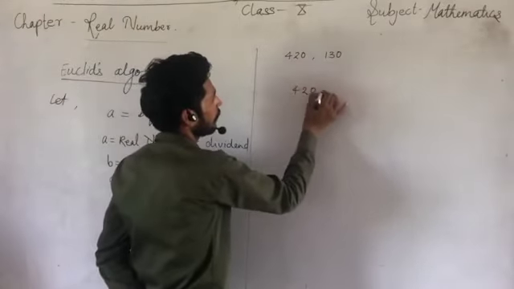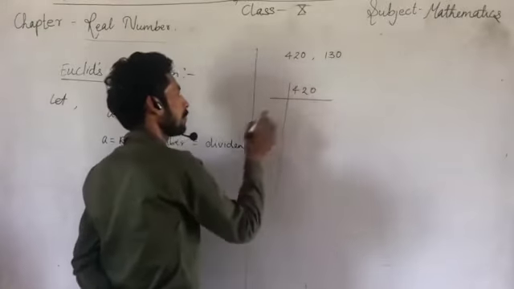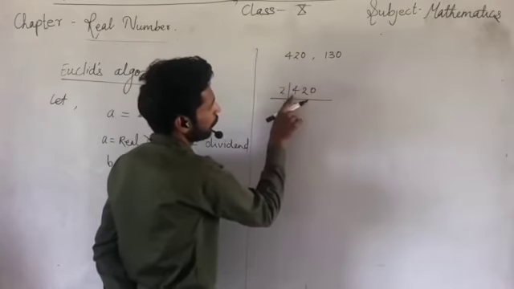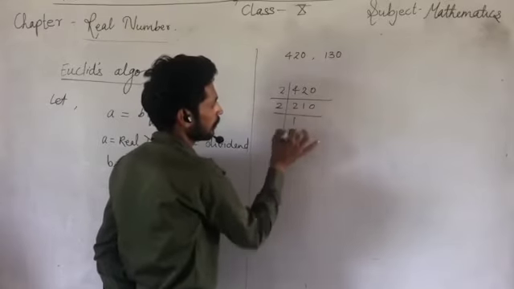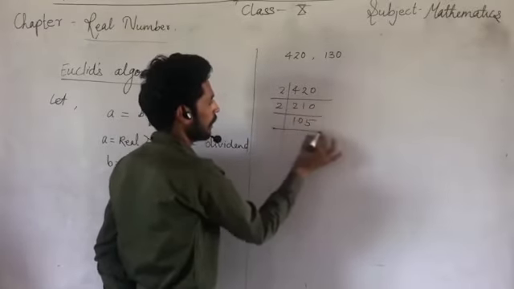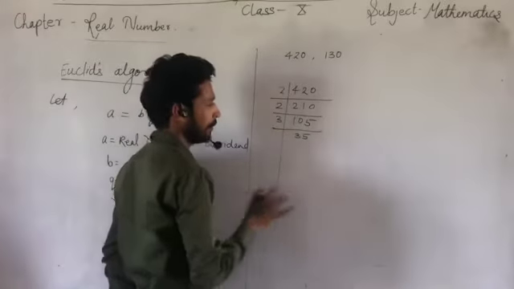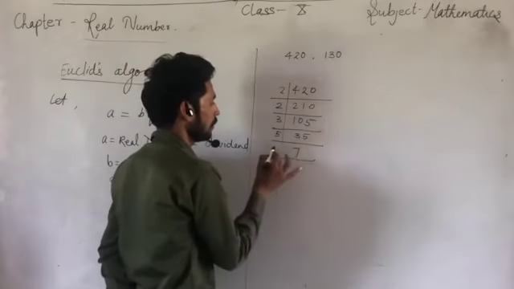Now, suppose that 420 can be factorized: 2 twos are 4, 2 ones are 2, 0. Next, 3 threes are 9, 3 fives are 15. Next 5, next 7.